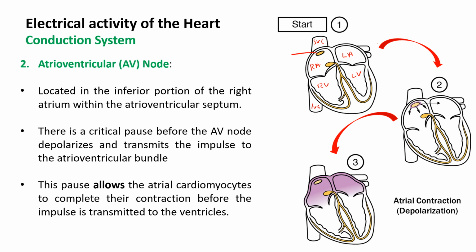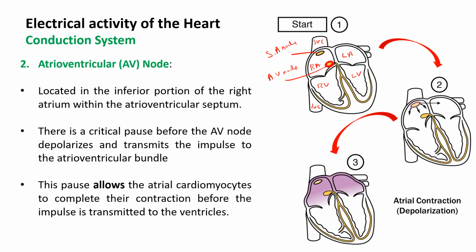This in the top is the SA node, and this one in the bottom is the AV node. You have to use imagination here. If you see, the AV node is just this circle over here, this area, okay?